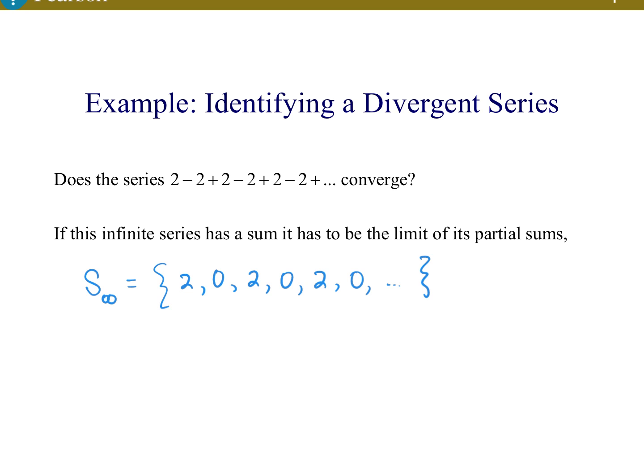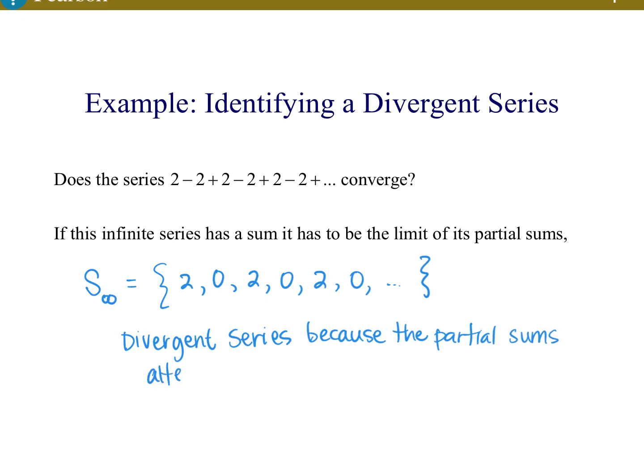So if it's not converging, we say that it does diverge. So this is a divergent series, because the terms, or we call them the partial sums, alternate.